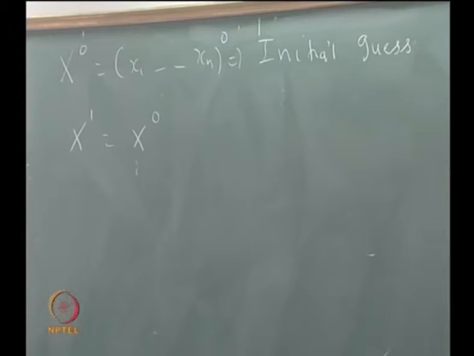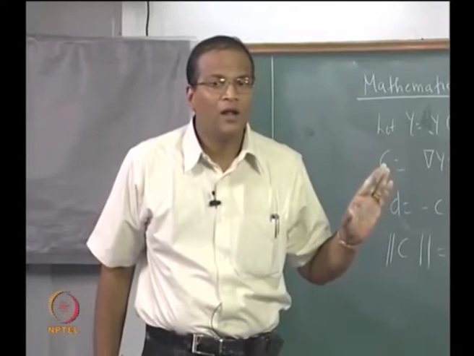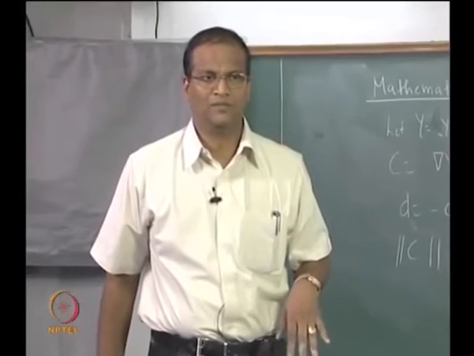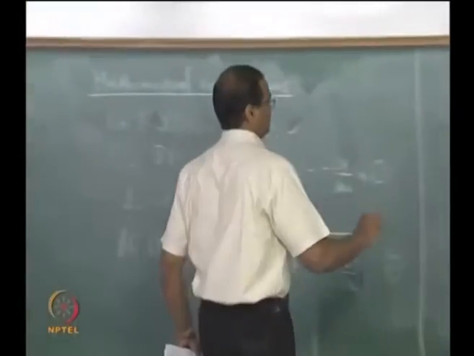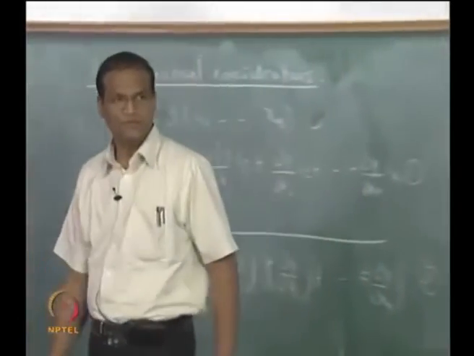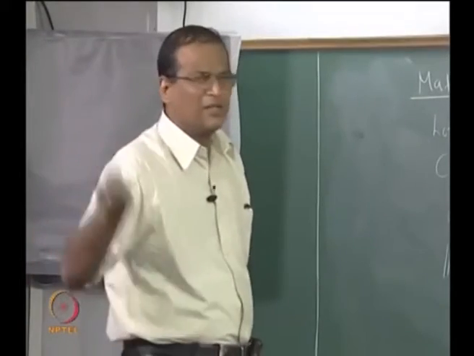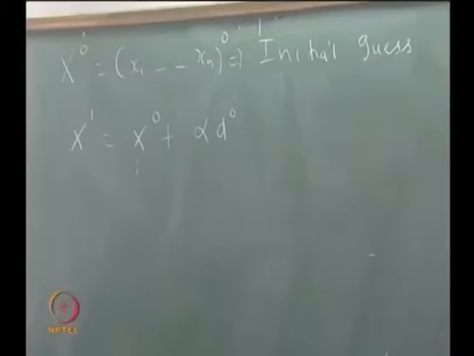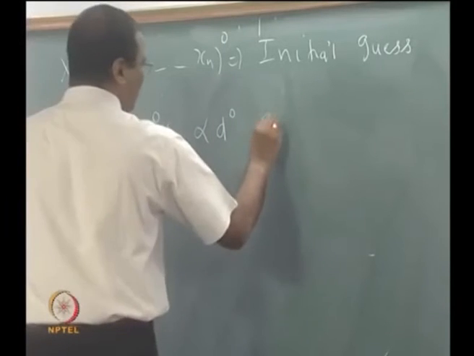So x1 equal to x naught plus alpha times d naught, correct? Of course, the treatment is for a minimization problem, with dy by dx1 negative. Otherwise, you can adjust alpha, do not worry about the sign. So we can call this 4.